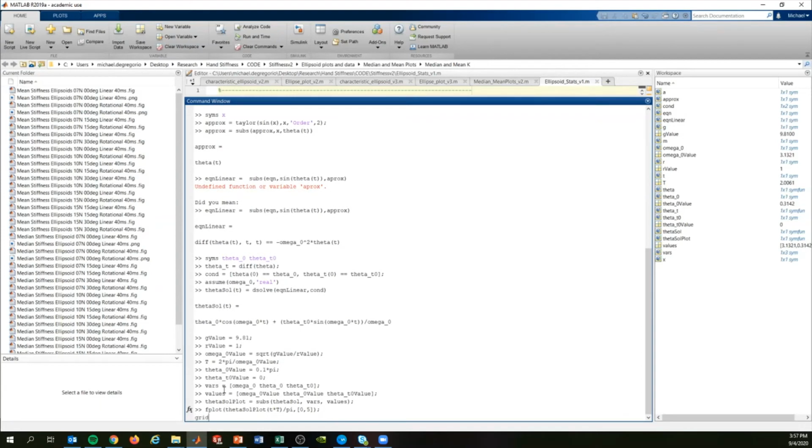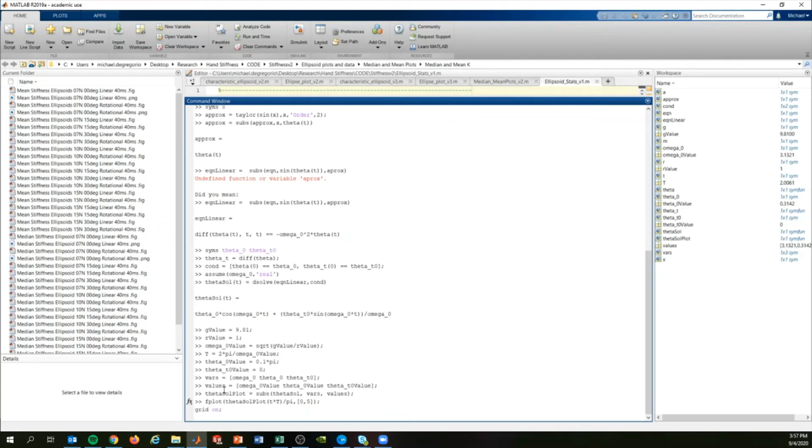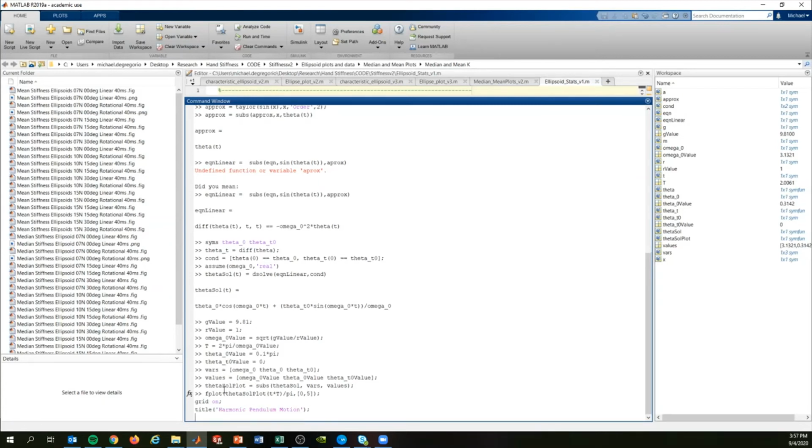I want grid on. So what did I do? I hit shift enter. I want grid on. I want to have a title: Harmonic pendulum motion. I want my X label, and that's going to be t over T. So this is not time.